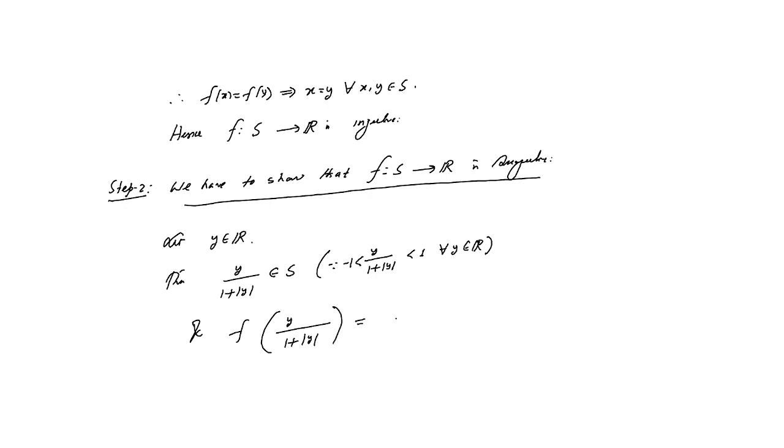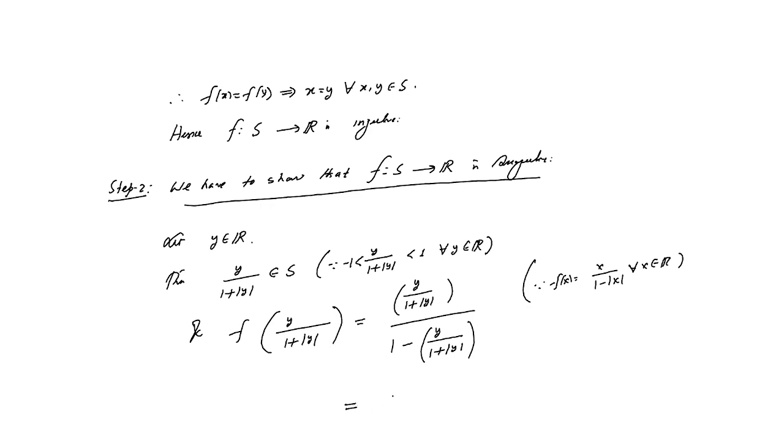So now if we take the image of this element, that will be f of y by 1 plus mod y, because our function is f(x) equals x by 1 minus mod x for all x belongs to R. So if we simplify it, that will be y by 1 plus mod y divided by 1 minus mod y by 1 plus mod y.